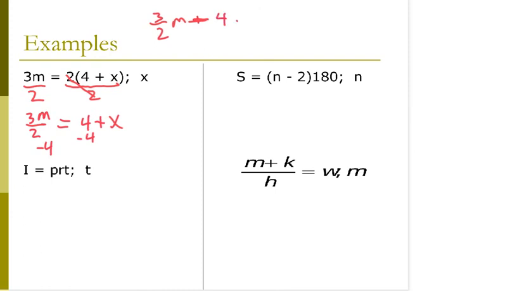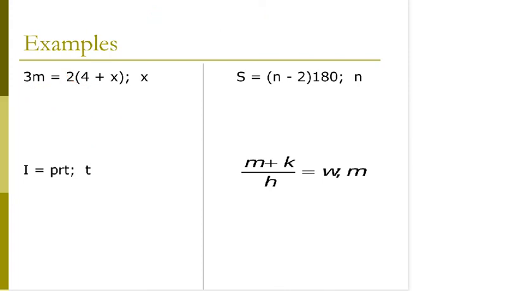For the equation below that, we would try to get t by itself, so the p and the r have to go. Because it's multiplication, we're going to divide both sides of our equation by pr. The p and the p divide out, that's 1.